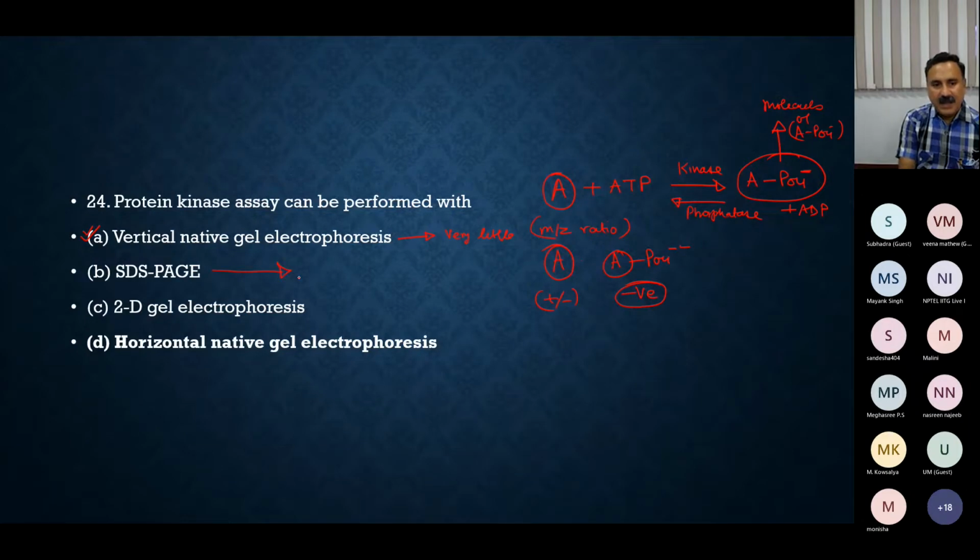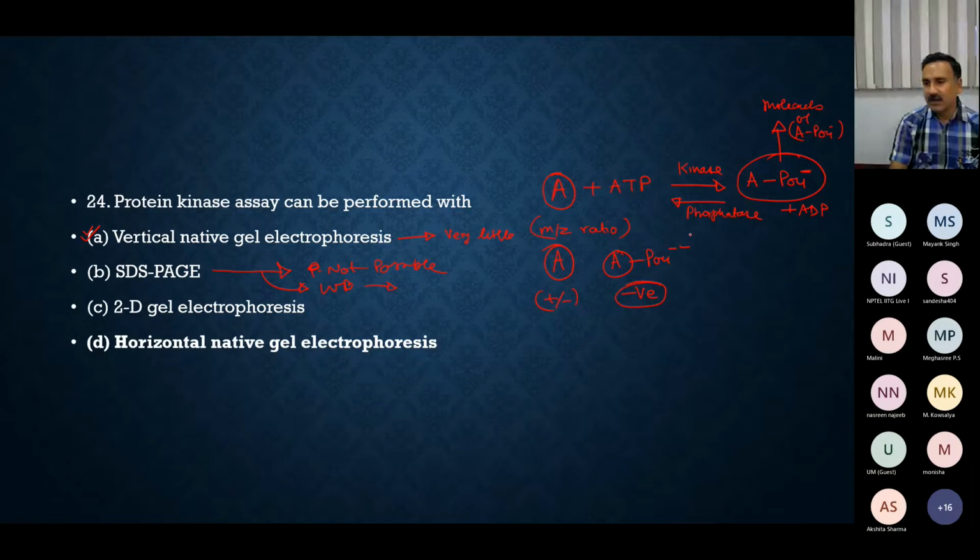SDS PAGE, anyway, it is not possible under this condition. As long as you do the SDS PAGE followed by the Western blotting, then it is possible, because then you are using an additional probe which is going to detect. So you are going to use the antibody which is going to detect the A phosphate, right? So then it is possible.